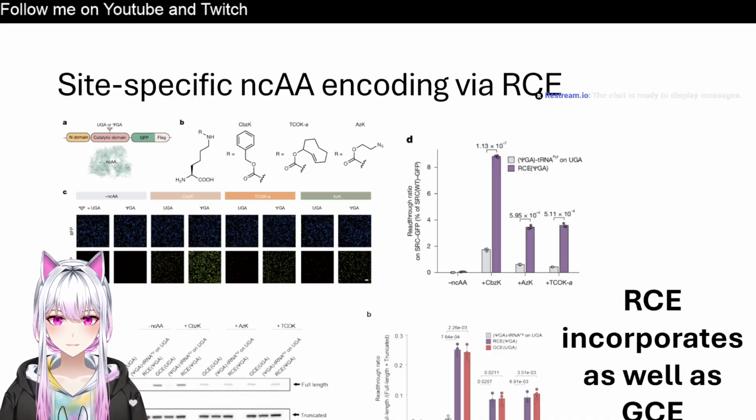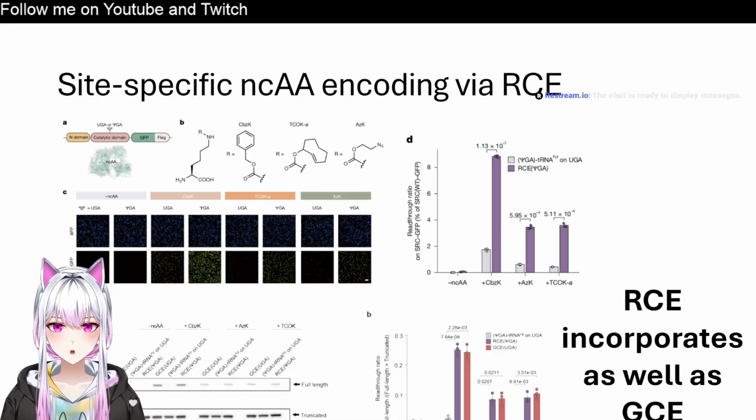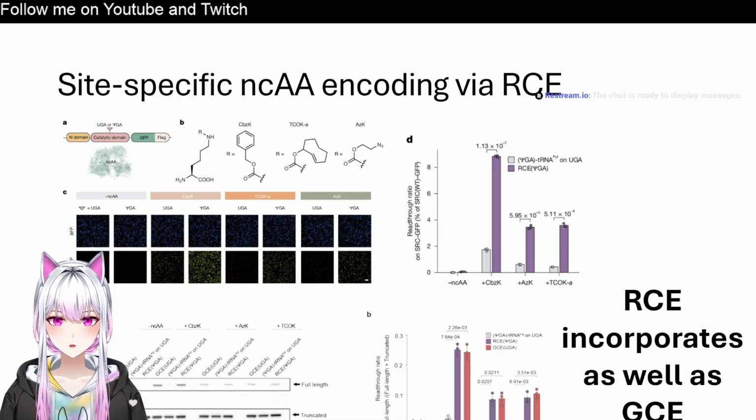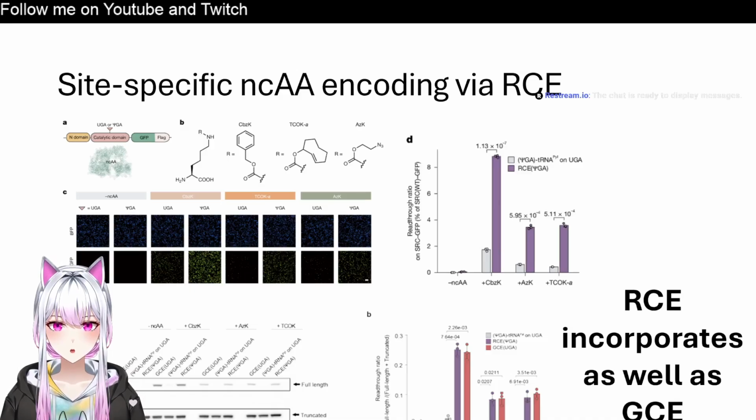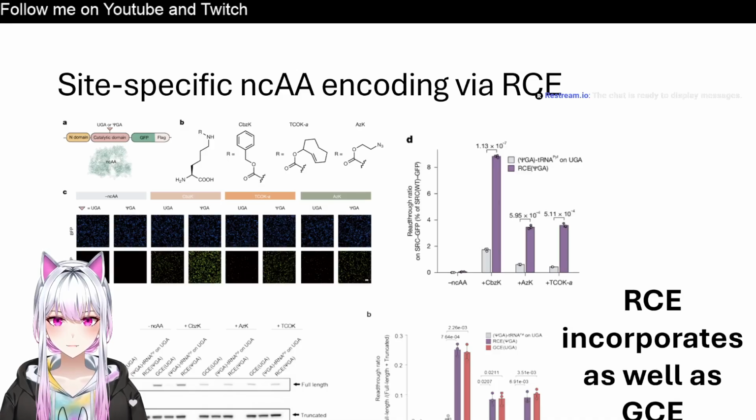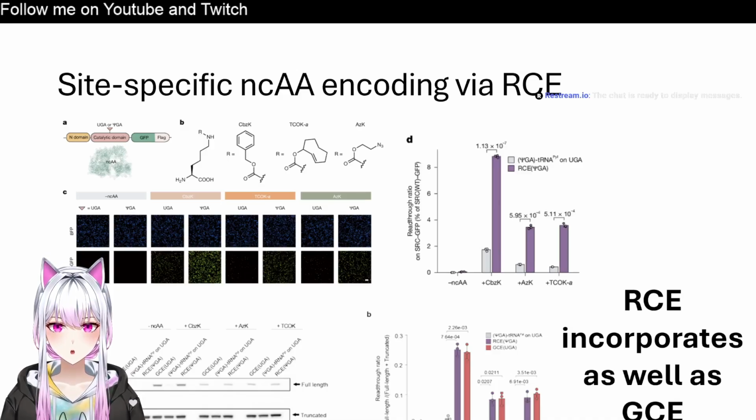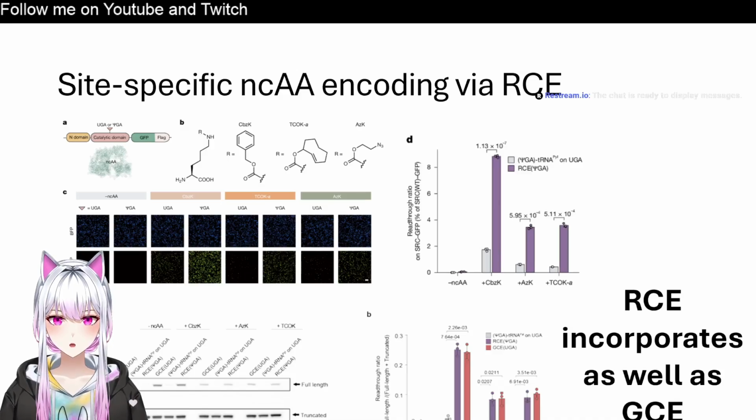But before that, you want to see how site-specific these non-canonical amino acids are being added. They use 4 different kinds of non-canonical amino acids that represent different things they can do. Some is labeling, some is investigating protein function. First they selected a protein to investigate, SRC kinase.